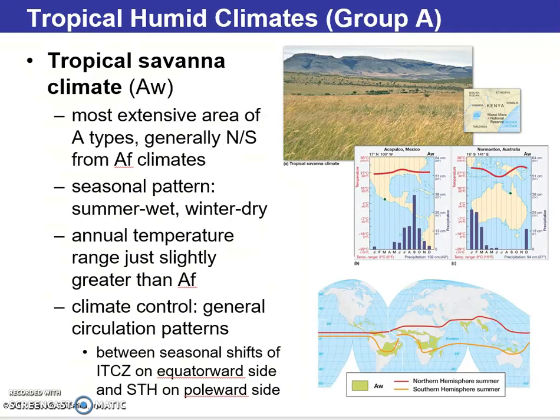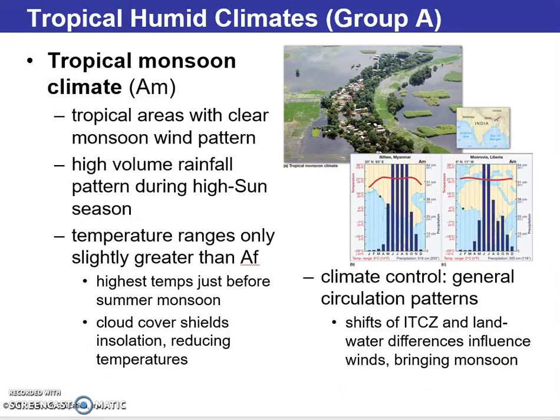And we have tropical savanna climate. So extensive area, generally north-south to AF climates. We're seeing a little bit more variation on latitude and a little bit more seasonal shifts as we get a little bit further from the ITCZ.